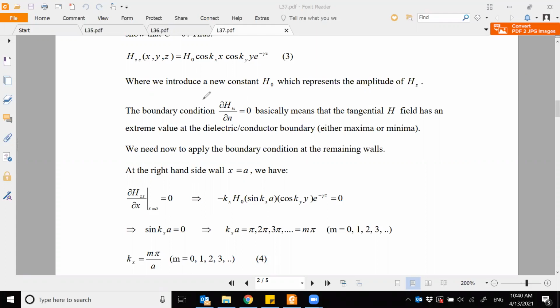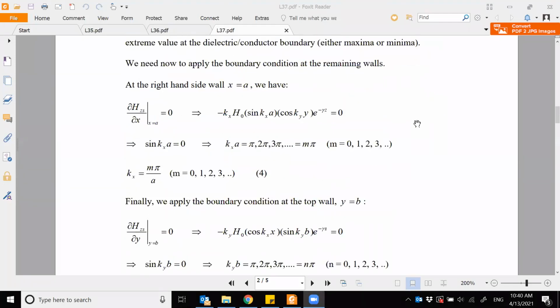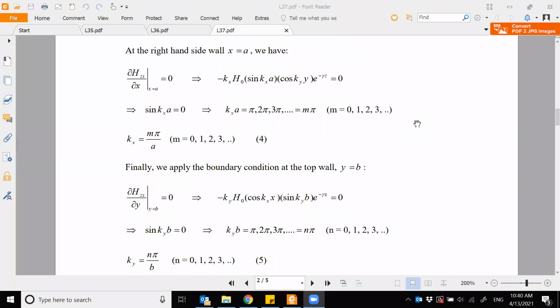Okay. So now we have applied to the wall x is equal to 0 and to the wall y is equal to 0. Now we will apply to the wall x is equal to A and then y is equal to B. So if I now apply to the wall x is equal to A, this is my rectangle, this is my x, this is my y, and coming out of the screen is my z.